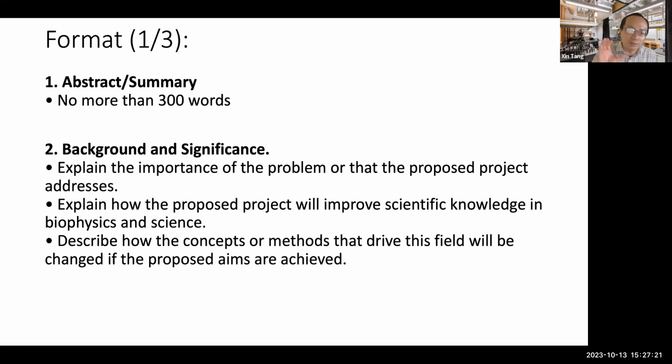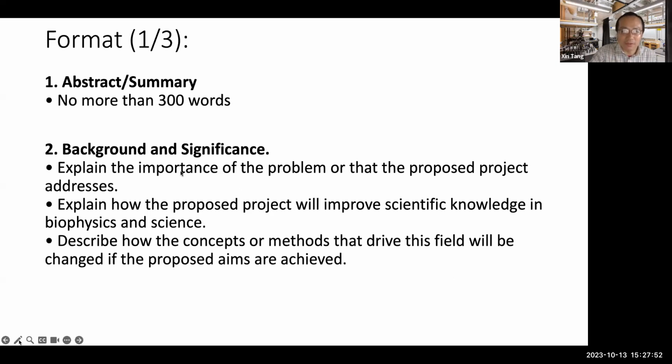Currently, people use a conventional method, but the conventional method may contain some limitations, although it has very clear strengths. Then you propose a new method to be complementary to the conventional method. If that new method can really be realized, then how it can drive the field, you need to explain very clearly. Okay, that is your significance, right?